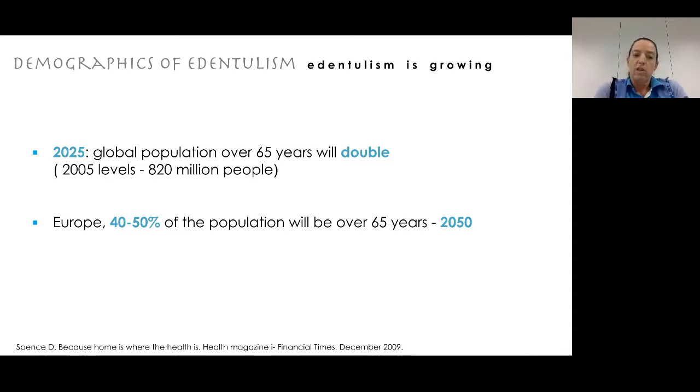In Europe itself, edentulism is estimated to affect about 40 to 50% of the population over 65 years by the year 2050. I will be over 65. This is very important because we're talking about a huge number of people to whom we can address this type of treatment.